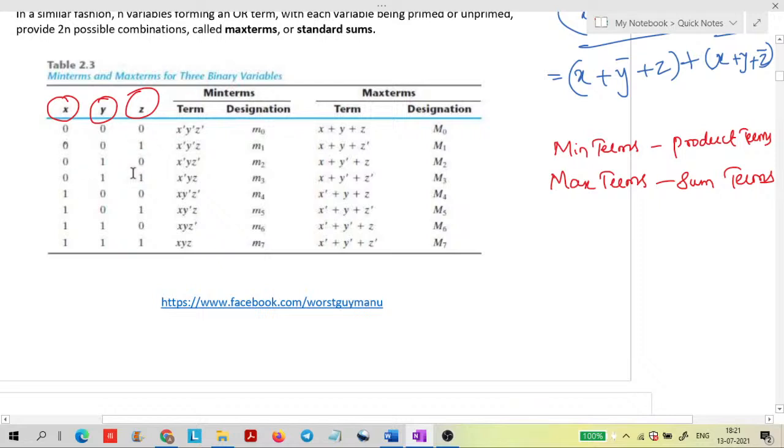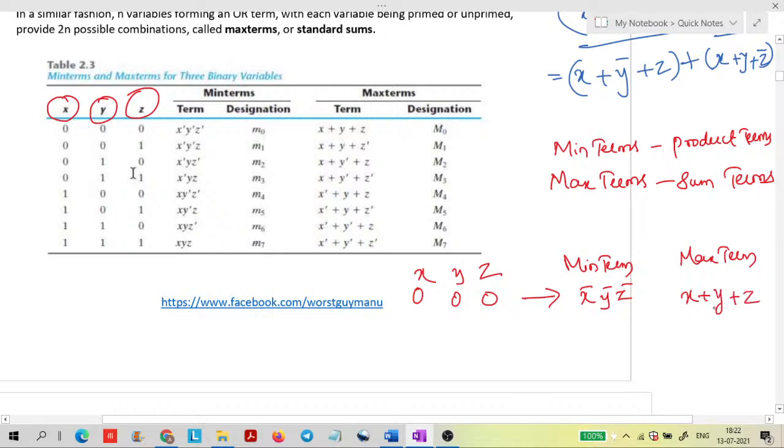As per the truth table, take 0 0 0, where the values are x, y and z. In min term we can write x bar, y bar, z bar, and as a max term x plus y plus z.